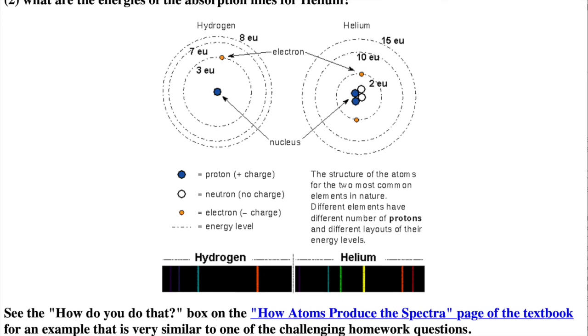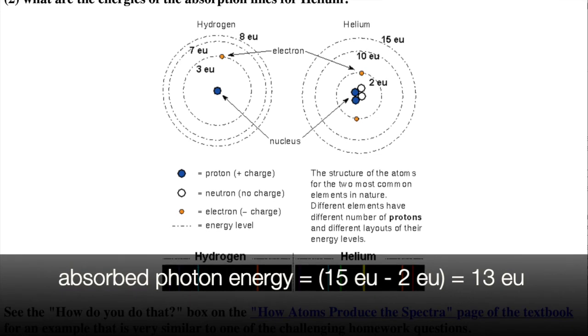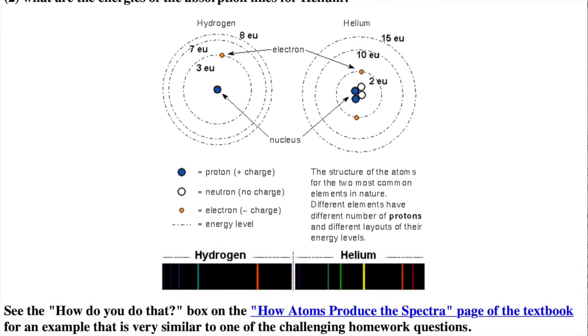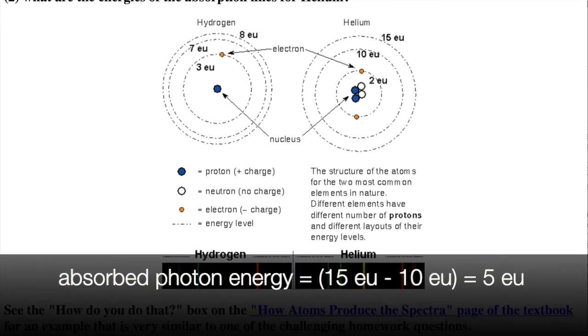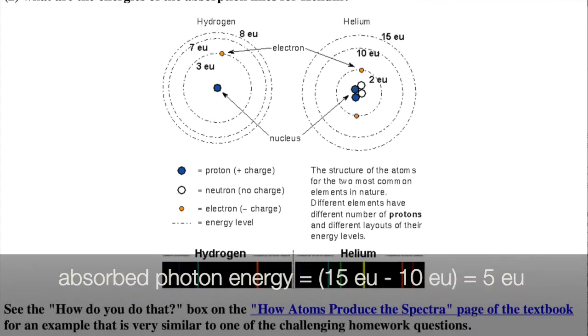From ground state to outermost level 3, the absorbed energy will have had energy 15 EU minus 2 EU equals 13 EU. From the middle level 2 to the outermost level 3, the absorbed photon will have had energy equals 15 EU minus 10 EU equals 5 EU.